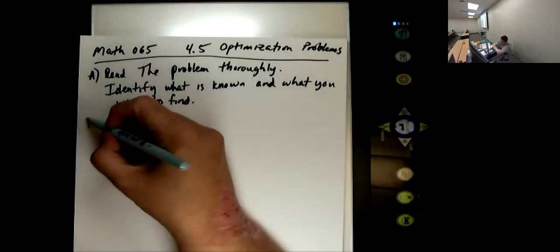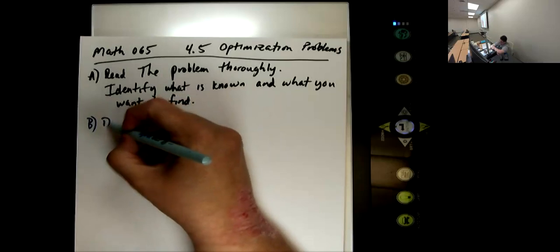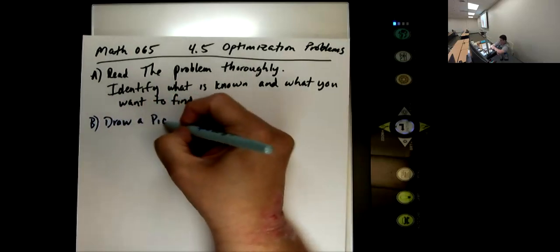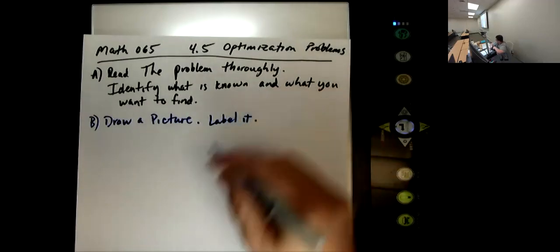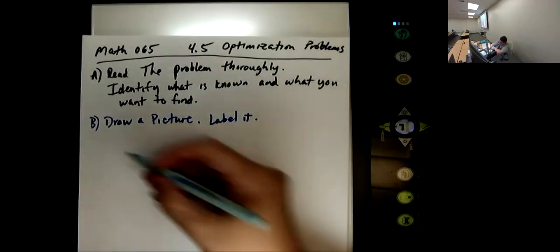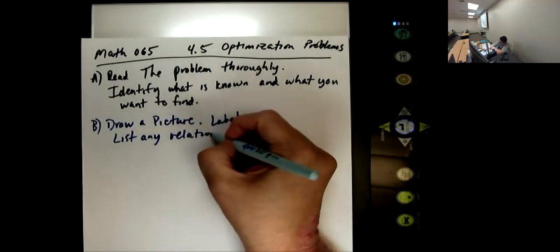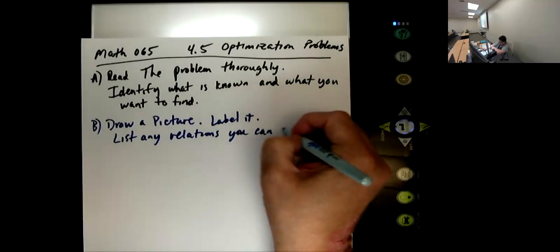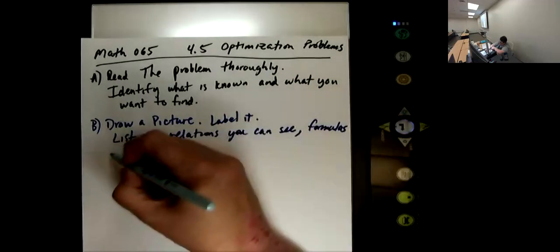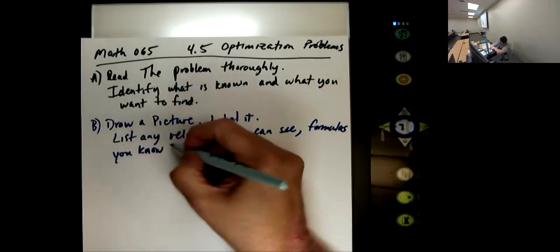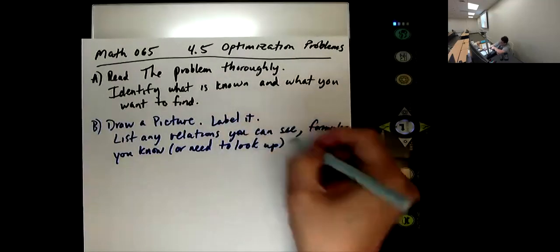We went over this on Tuesday, or whatever day we did it. Draw a picture, label everything. And list any relations you can see, or formulas you know, or need to look up, related to it.